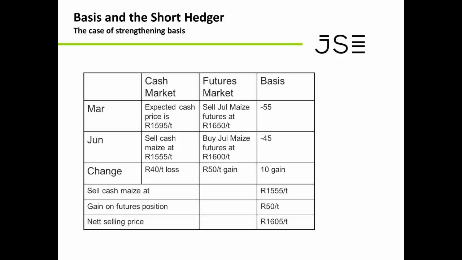And clearly, from the first scenario, which we saw when there was no change in basis, he was expected to receive 1595. Now, simply because of a strengthening in basis, he is actually gaining 10 rand that you see there. So this is actually what we mean by trading the basis as a hedger on the futures market.